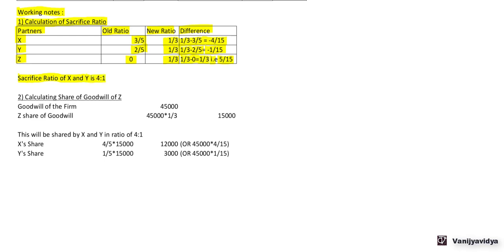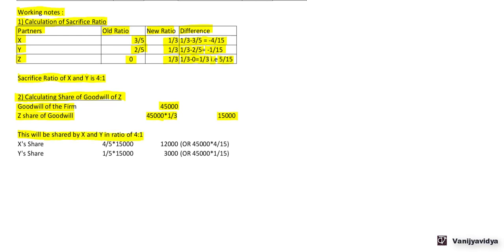Now, second working note is calculating share of goodwill of Z. So goodwill of the firm is 45,000. Then Z's share of goodwill is 45,000 into 1 by 3. So that is 15,000. Then this will be shared between X and Y in the ratio of 4:1.